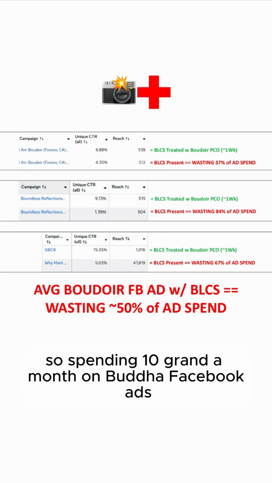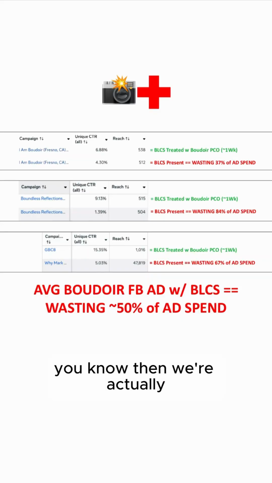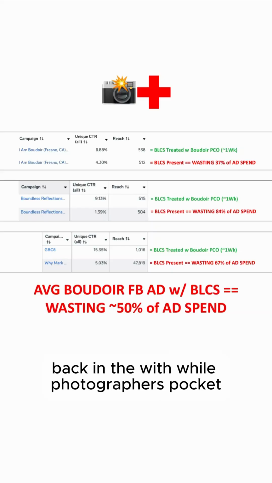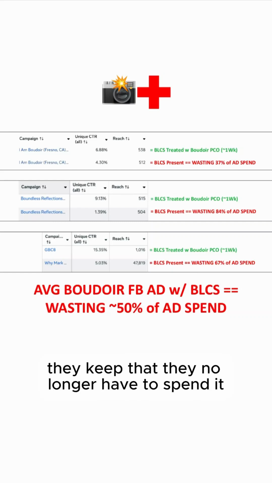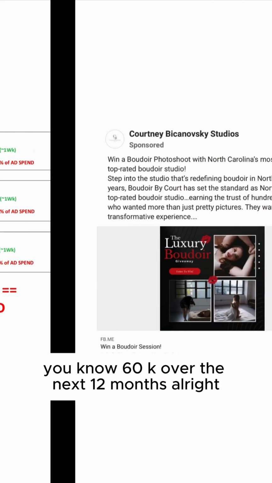So if they're spending 10 grand a month on Boudoir Facebook ads, then we're eliminating approximately 5K every single month, back in the Boudoir photographer's pocket. They keep that, they no longer have to spend it. And it's approximately 60K over the next year.